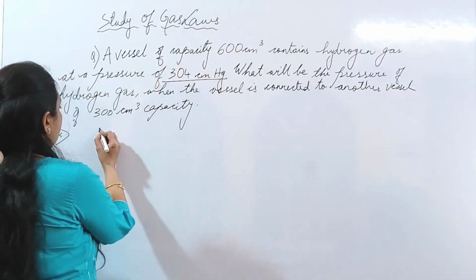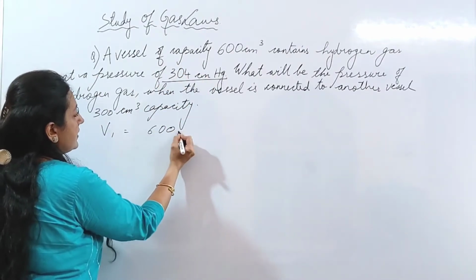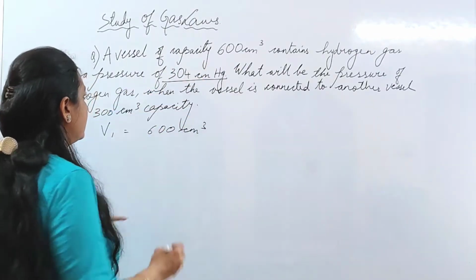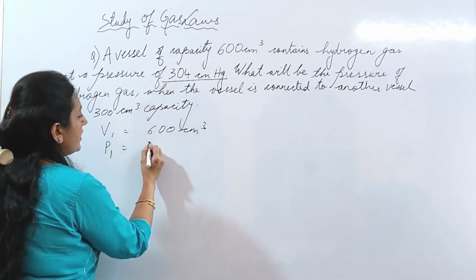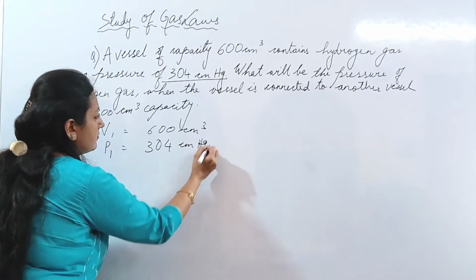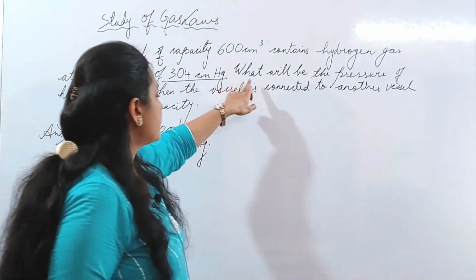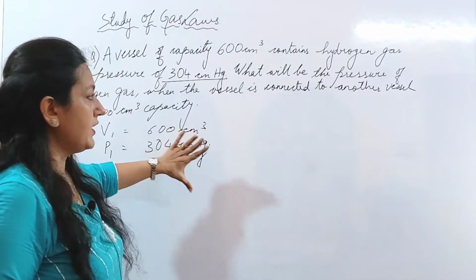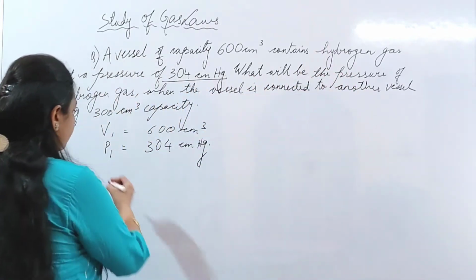So again, volume is given, 600 centimeter cube, and when the volume is 600 centimeter cube, pressure is 304 centimeter Hg. Okay, this is given. Then it says, what will be the pressure? Here it is asking to find out the pressure.